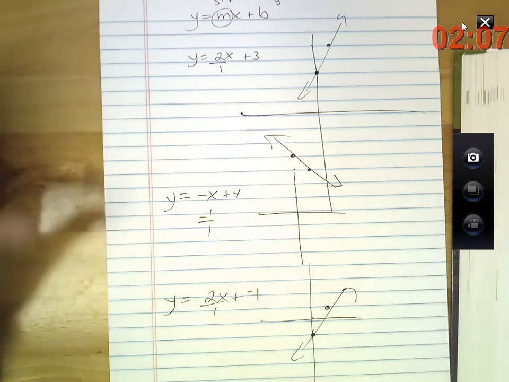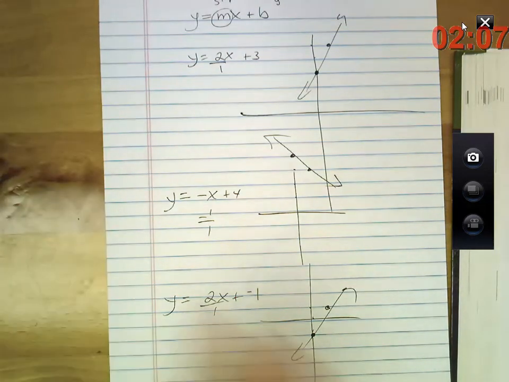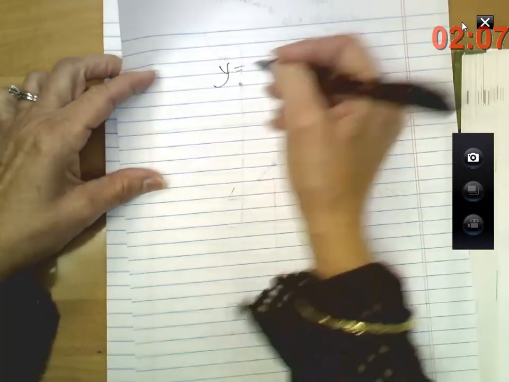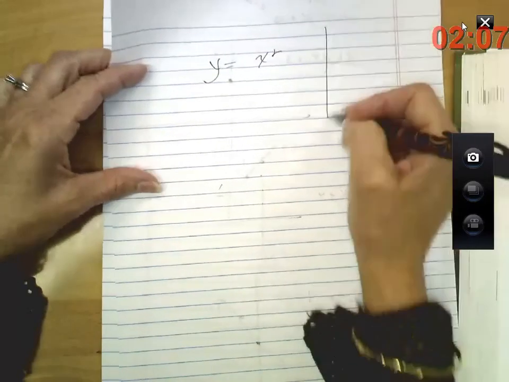Okay, so there are about 1,000 things that you can do with equations. You can graph equations that look like this. Y equals x squared.